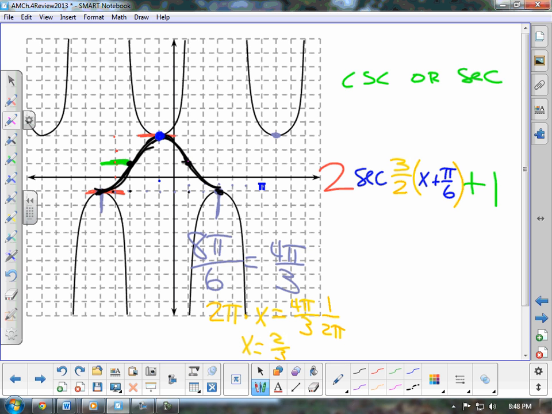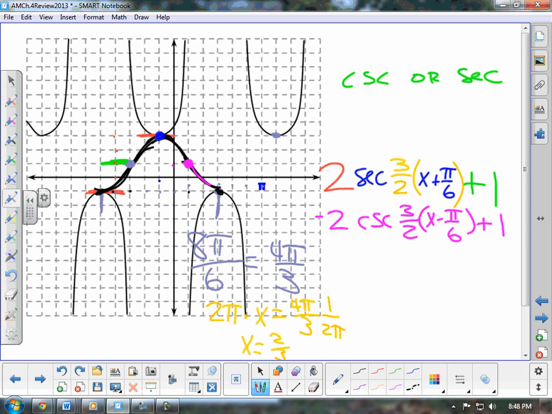If you went to this coordinate and started, then because it's starting downward, you would have a -2 cosecant 3/2 plus 1, and now that is shifted to the right, pi over 6, so x minus pi over 6.